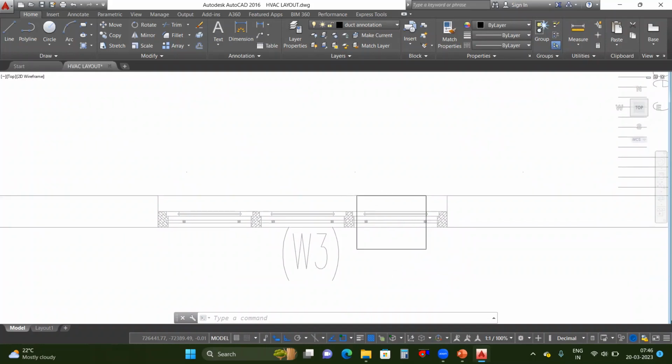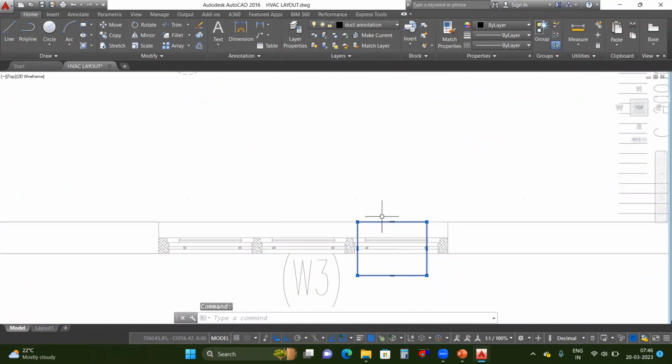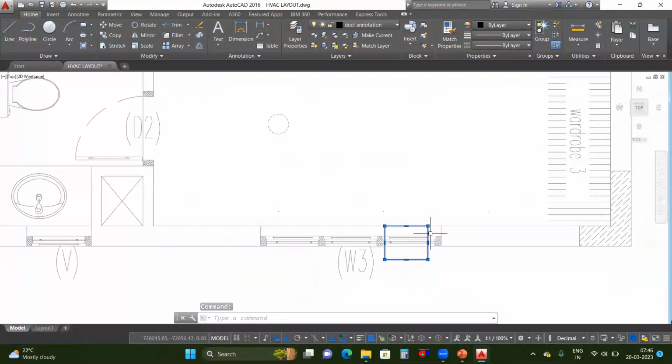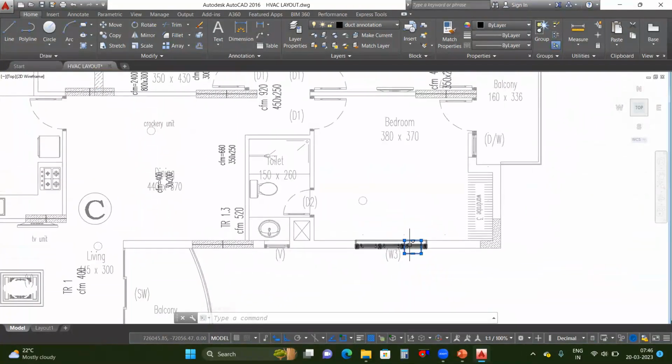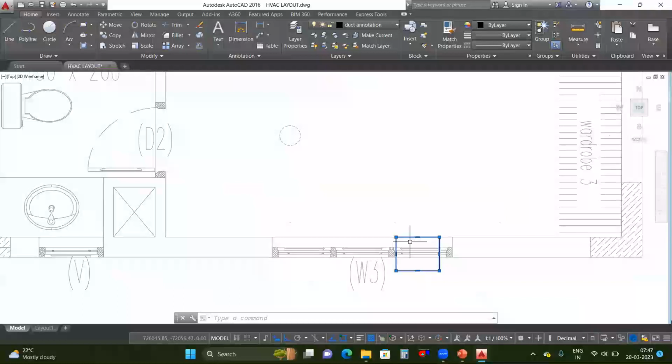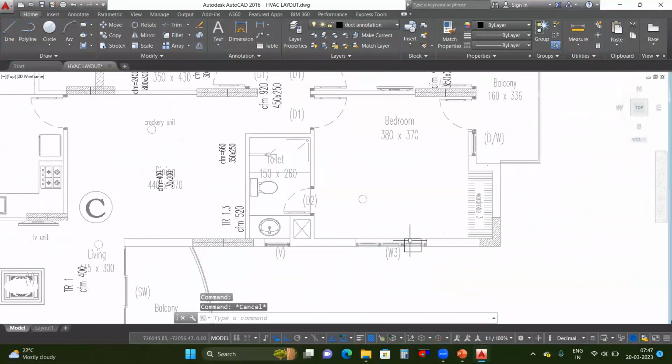Then the cooled air will be thrown into the inside room. Okay, so this is how we place the window AC. And in recent days, no one is using it. So when you are designing, better not to go with this kind of equipment.